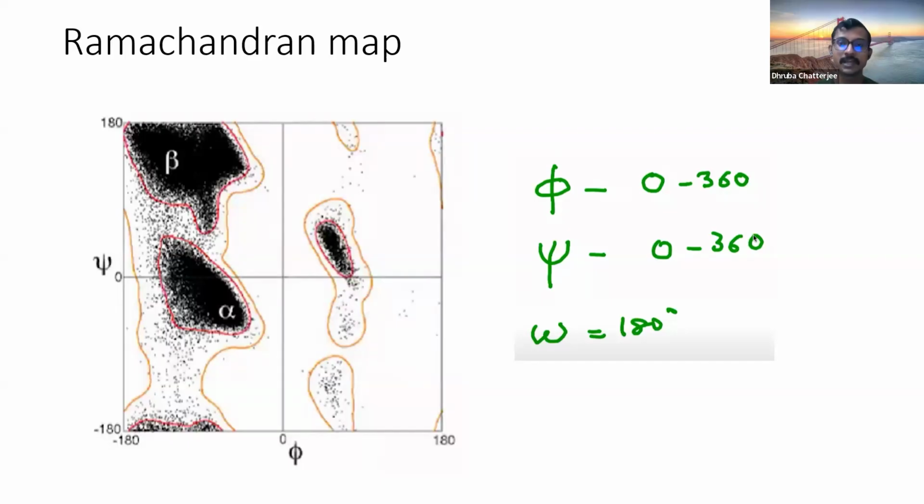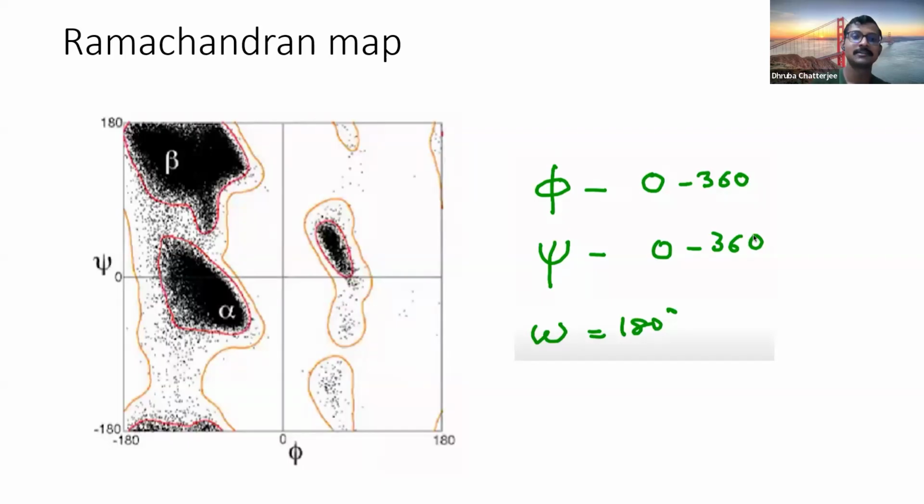So what he did is, this omega, the rotation of the omega, is always 180, as I already mentioned, because it's the partial double bond nature of the peptide bond, which prevents rotation. So it's almost like a single plane, making the omega 180. So only phi and psi can be rotated, can assume any value from 0 to 360.